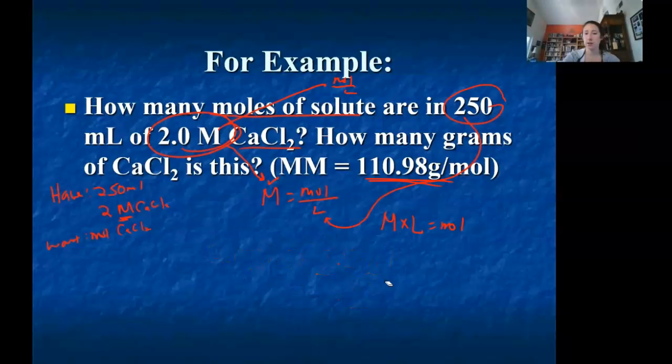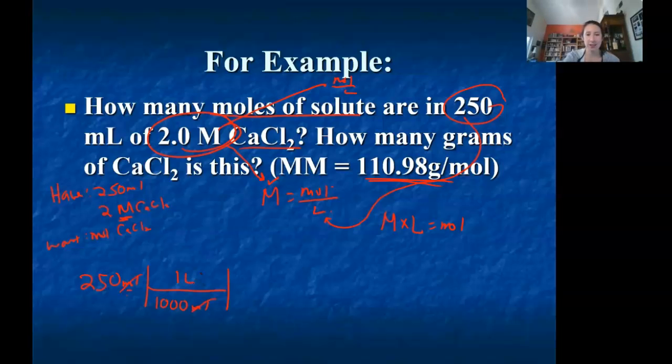Again, there's multiple ways you can do this. I'm just going to solve it this way. I'm going to start with milliliters because it only has 1 unit. Now I want to go to moles. Well, molarity is moles over liters, which means I need to get rid of milliliters. There's 1,000 milliliters in 1 liter. If you didn't know that, put it on your note card or on your paper.